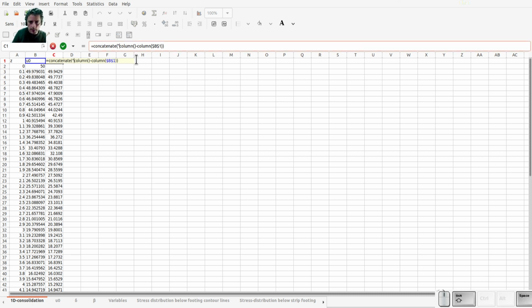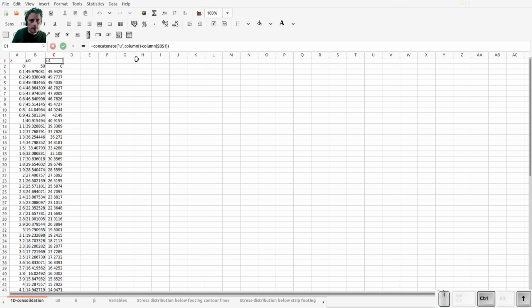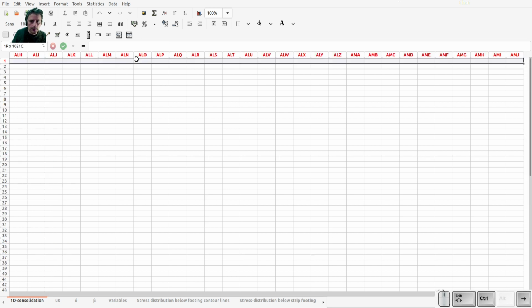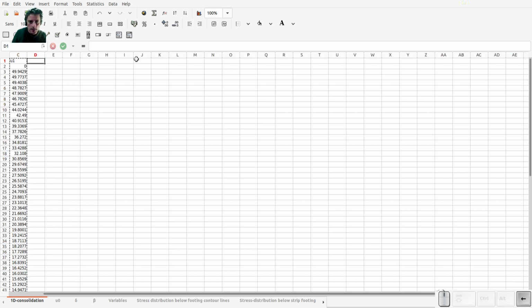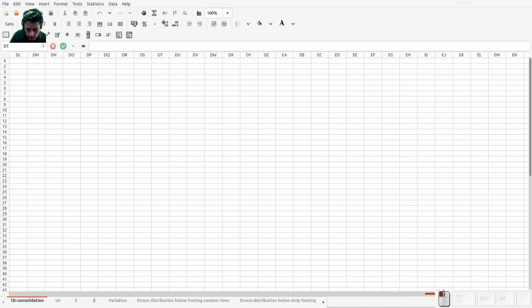I'm just typing a name here that will be obvious. So U1. And at the boundaries, because we are assuming double drainage, at the boundaries we get 0, right? So we have our boundary conditions and our name. So let's go for a bit.